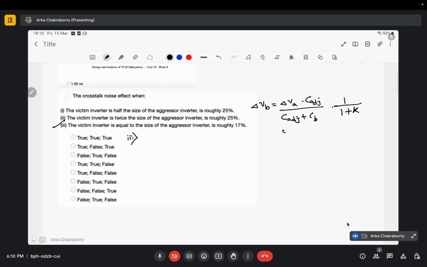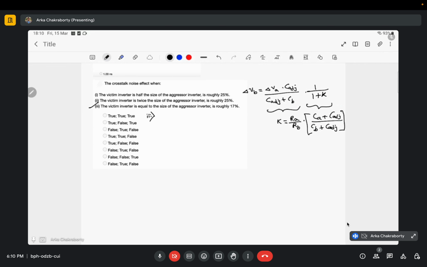This is the expression that we get if the resistor was not present, and if the resistor was present, this 1 by (1 plus K) term would come into the picture. So K equals RA by RB into (CA plus C adjacent) divided by (CB plus C adjacent). Correct?